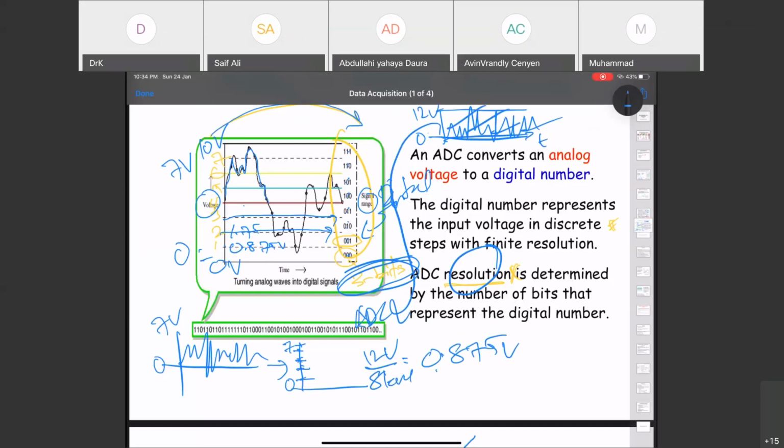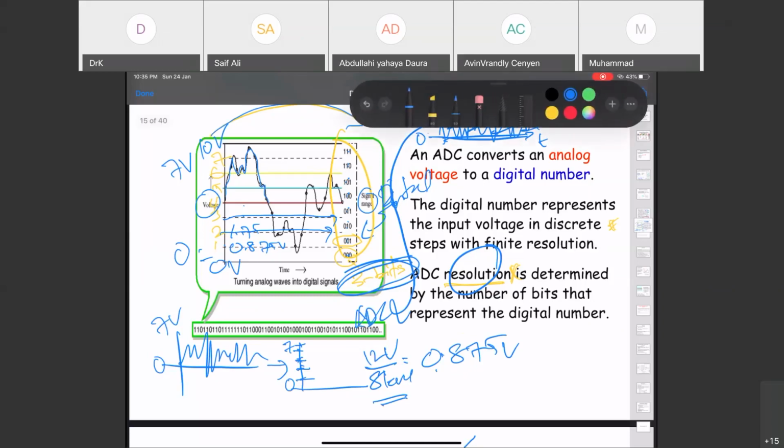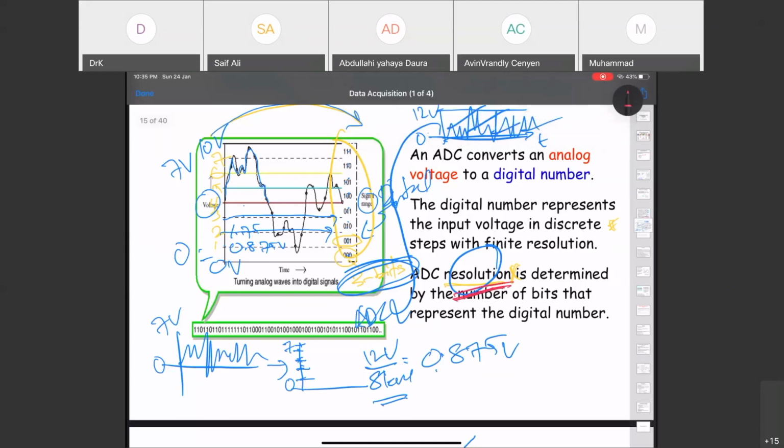If my system is working using 5 volt, I will have 5 volt over here, because the full information I have is up to 5 volt. I'm giving everything to convert. But the level here, which is called the resolution, depends on the number of bits.